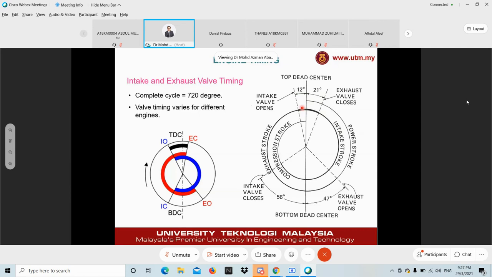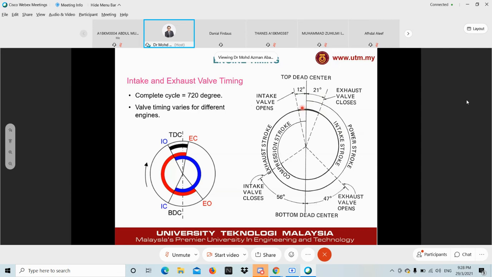Different engines have different delay times. This is what they call valve opening delay time. In racing engines it's usually very minimal, probably just milliseconds. At high speed you can consider it very instantaneous.